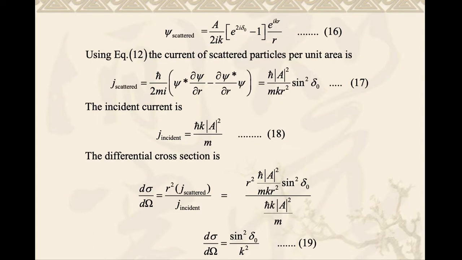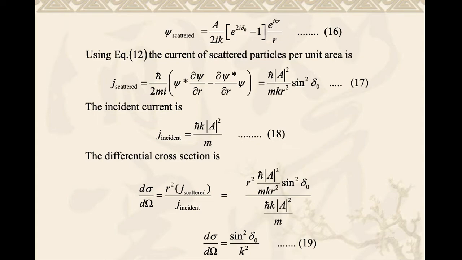In both these cases, we have assumed that the potential, that means due to the force between the nucleons, is a square well potential.